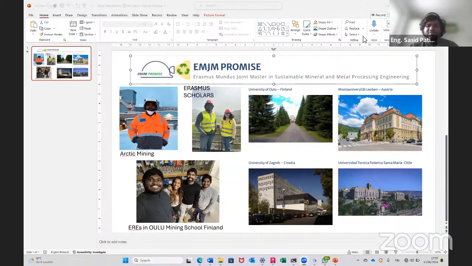I'm also a graduate from the department, and it's been almost one year since I left the department. Currently I'm studying in the Erasmus Mundus Joint Masters in Sustainable Mineral and Metal Processing Engineering. I saw a few questions in the chat about how to become a mineral processing engineer.